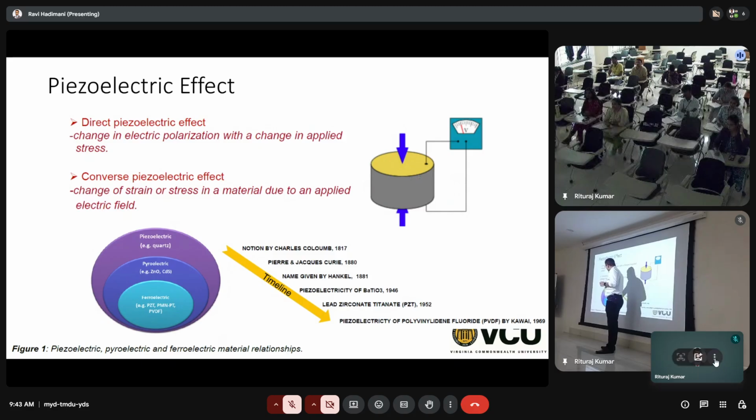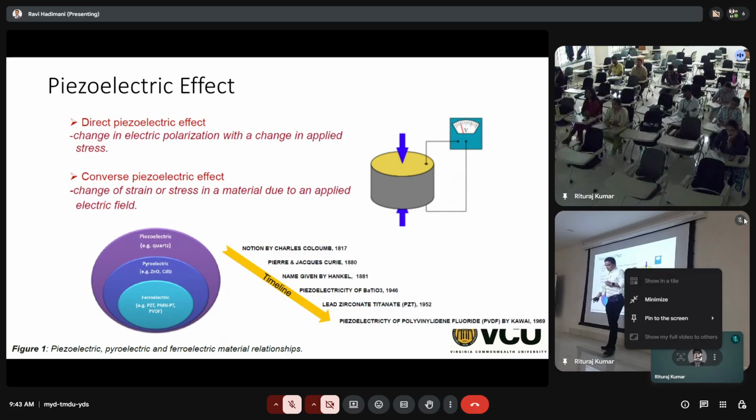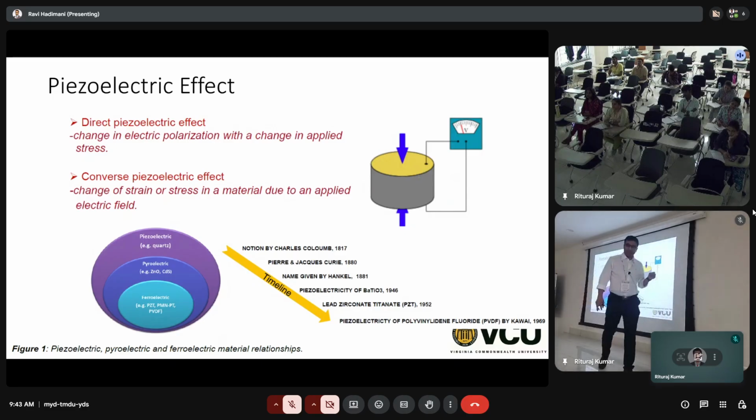Not all piezoelectric materials are ferroelectric materials. Again, the classification of ferroelectric materials is similar to ferromagnetic materials. If you remember how ferromagnetic materials have hysteresis, just like that, ferroelectric materials also have hysteresis.